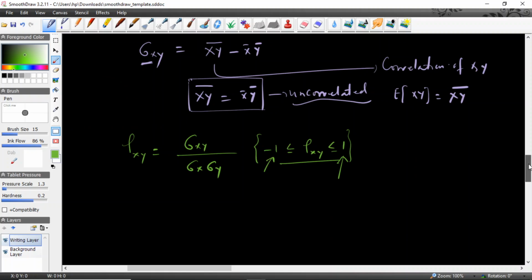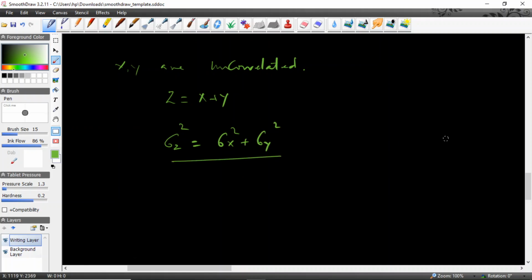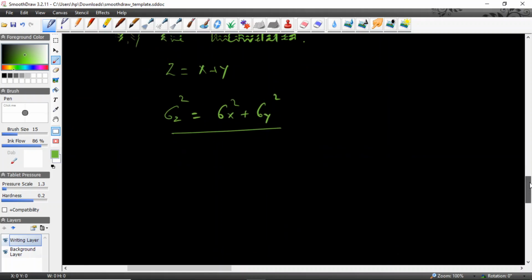So for uncorrelated random variables, you can also say that if x and y are uncorrelated, and you define a random variable z which is x plus y, then the variance of this will be equal to sigma x square plus sigma y square. And this you can directly prove.